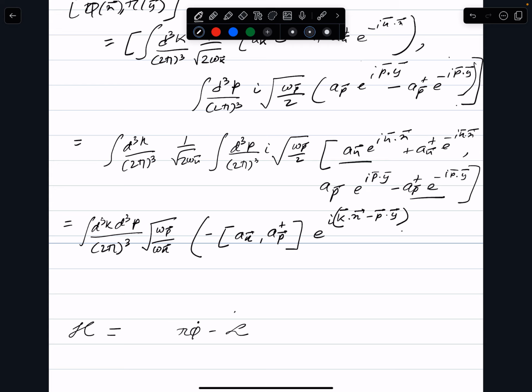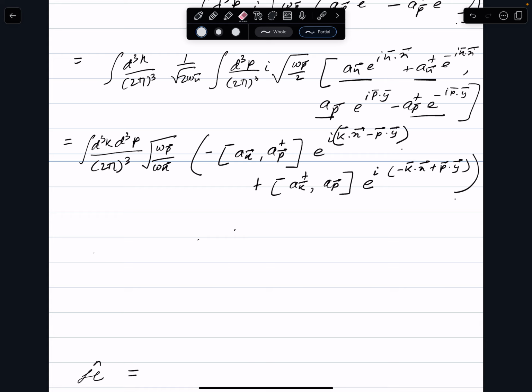And there will be another term which is coming from these two terms, which is plus a_k dagger a_p, e to the power i times minus k dot x plus p dot y. Okay, everyone with me so far?